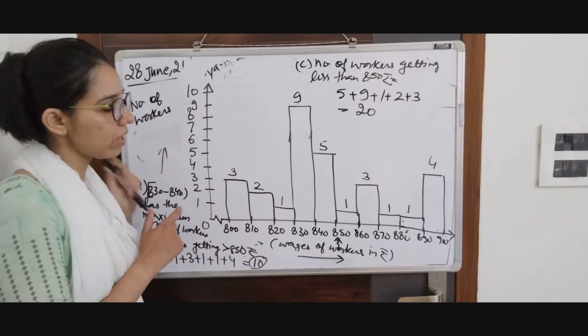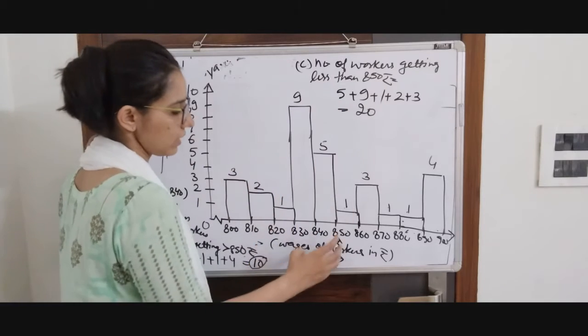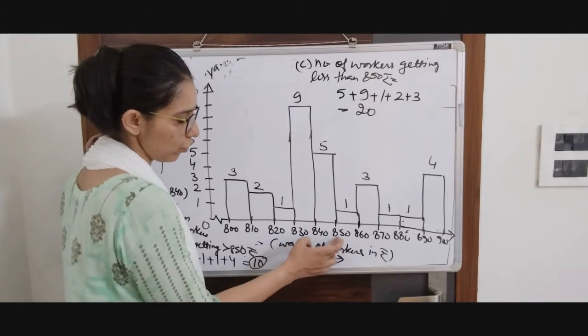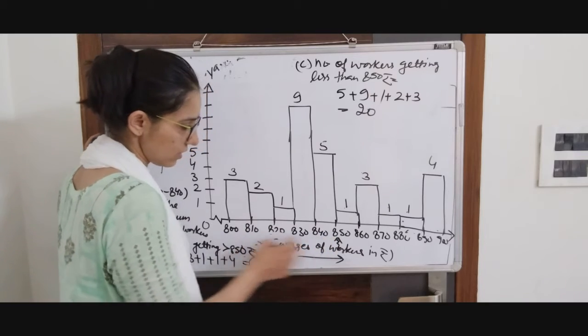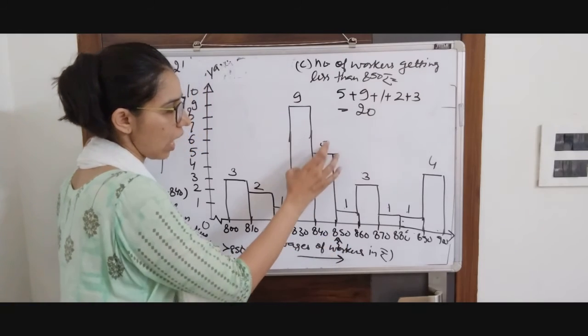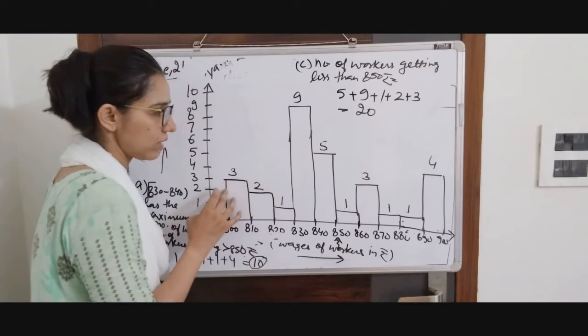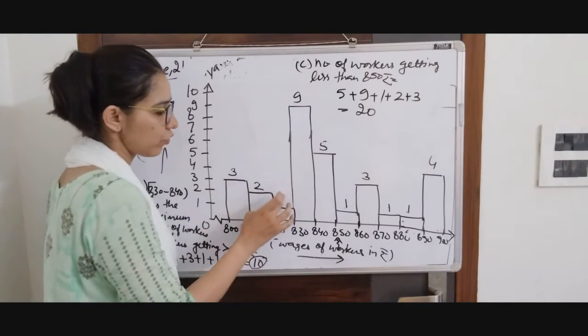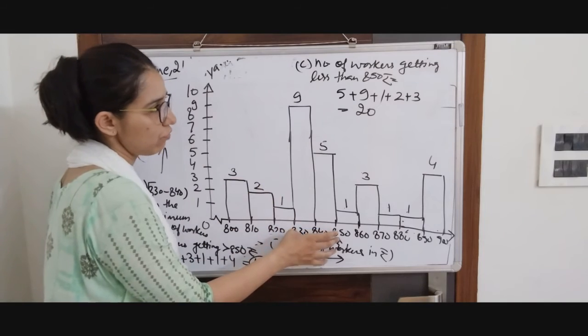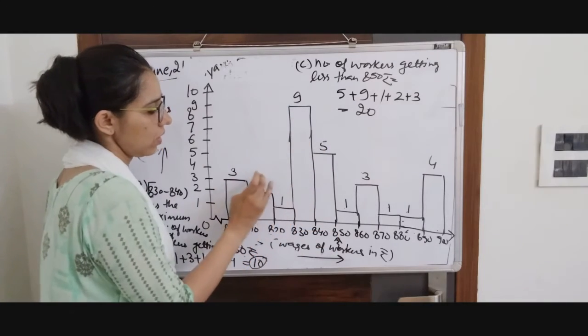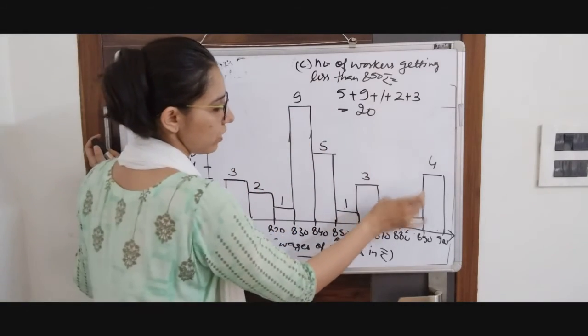If we are asked about less than, we look at the histogram only at 850; these numbers are less than 850. So we will count the height of these bars. These numbers are showing the height of these bars. Less than 850, we will count these ones, and more than 850, count these ones.